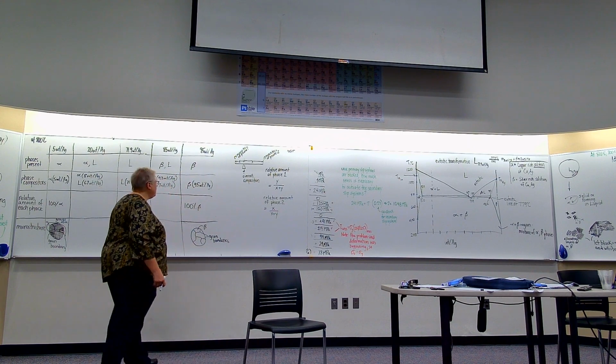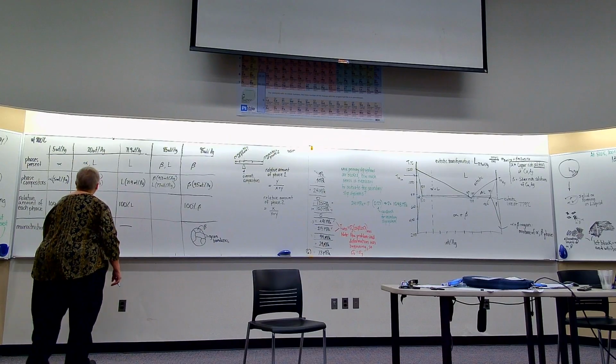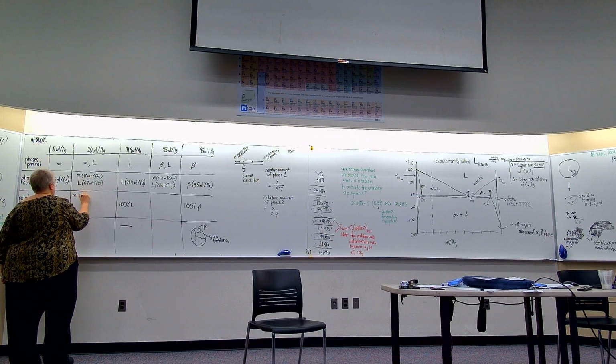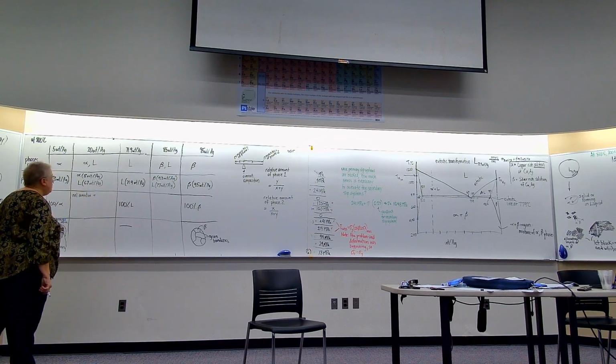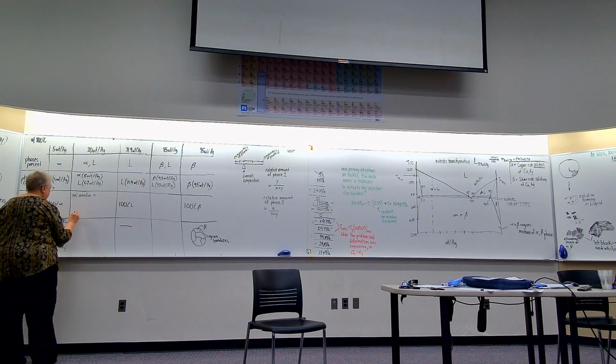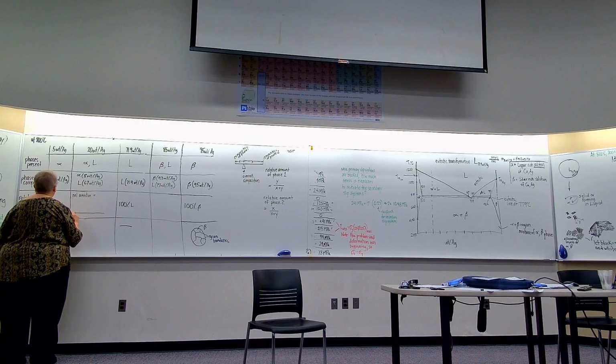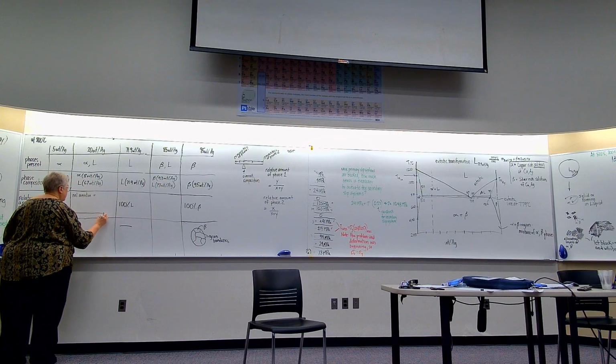So in this case, relative amount of alpha equals, so here my lever goes from 8 to 67, and I'm at 20.